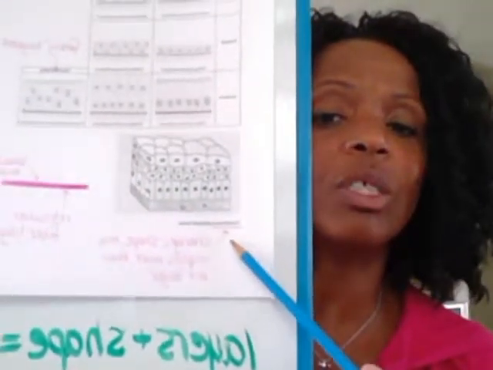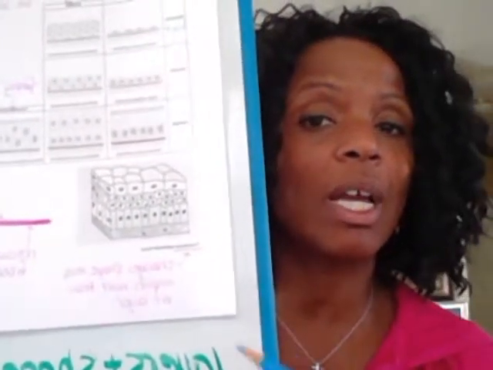Thus, the name of this tissue is called transitional epithelial tissue. Now, with transitional epithelial tissue, we don't have to indicate a layer because the name transition itself is telling you that it changes. So if it's changing from one thing to another, thus more than one layer. The name: transitional epithelial tissue.